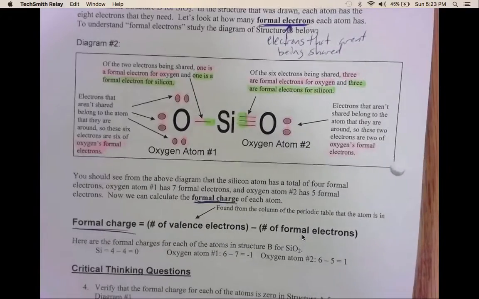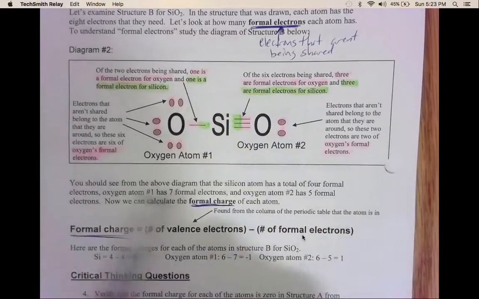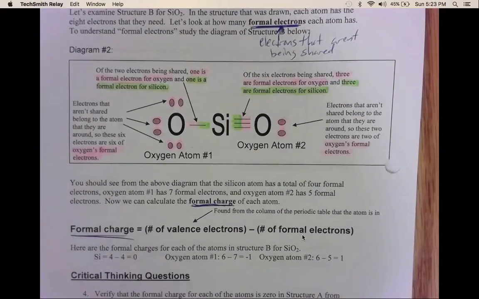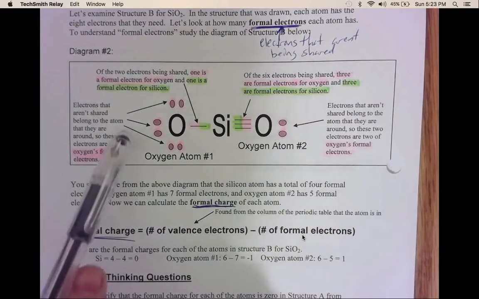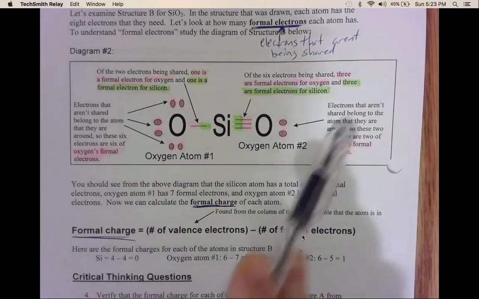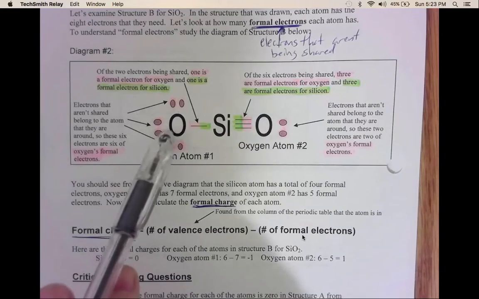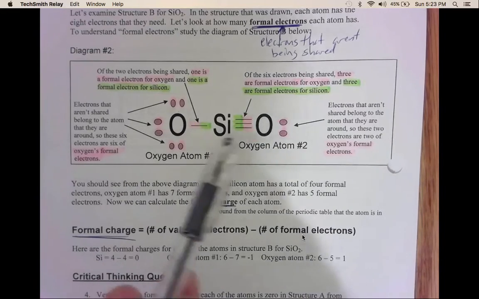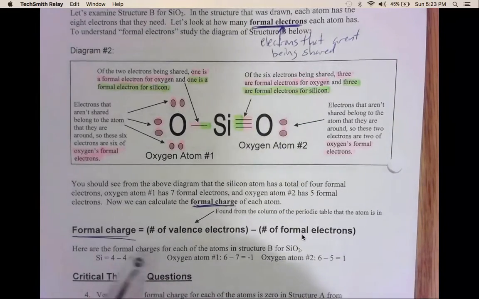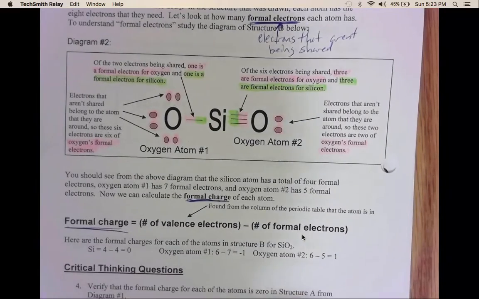So next I'm going to talk about this picture a little bit right here. Talk about what I highlighted. So these arrows are pointing to the formal electrons, to how to determine the formal electrons on oxygen, silicon, and then this oxygen to use in this formula down here.